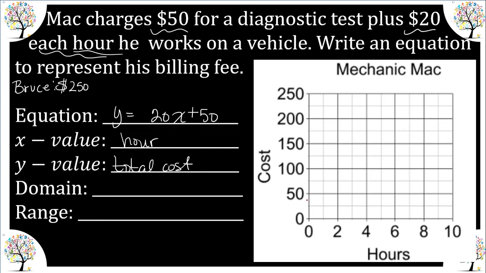So Bruce is going to pay $50 up front, and now we need to know what is the maximum amount of hours that Mac is going to charge. So we're going to plug in 250, because that's the total cost, that's how much total money Bruce has, and then we are going to solve.